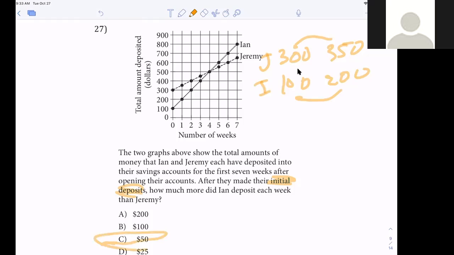Right? How much more, right? Each week, one person added 50. One week, each person added what? 100. Everybody with me? All right, that's just reading carefully. That's all it is. Reading carefully. All right, let's go.